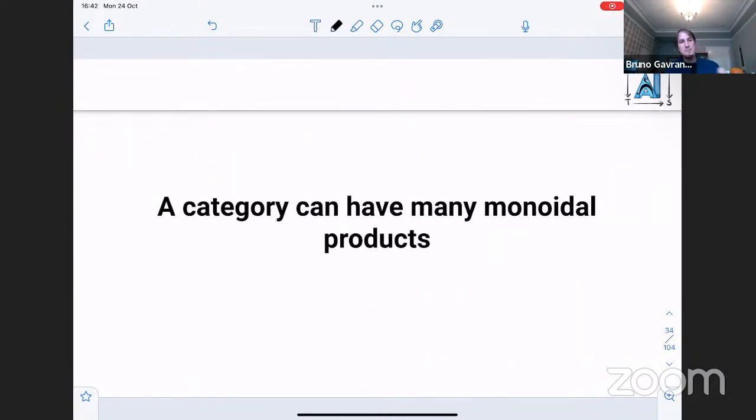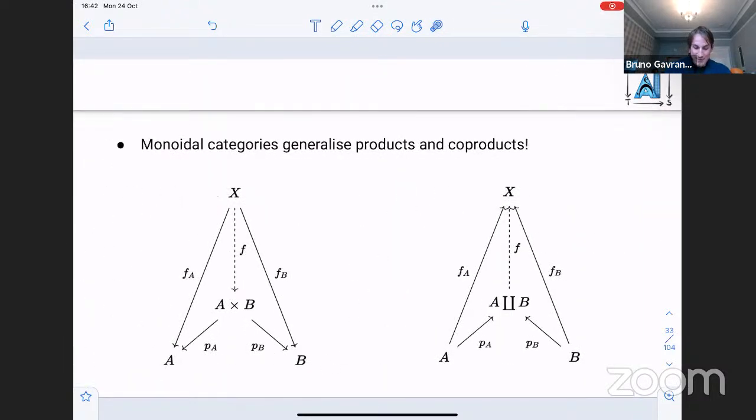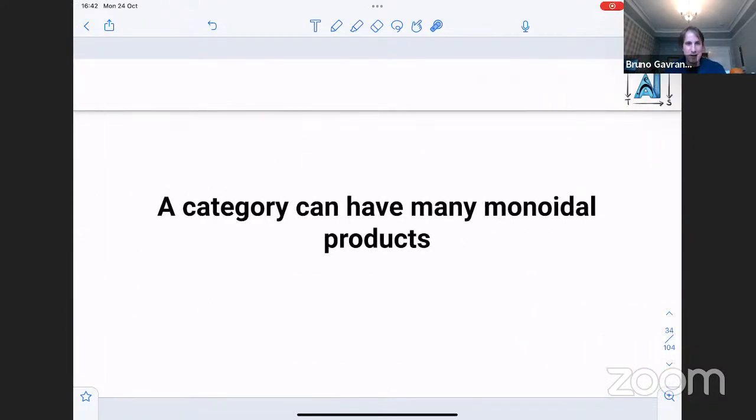As we've so far seen, we have the category Set with its categorical product and co-product, but both of these are monoidal products. Now, the terminology here might sound confusing, but it does get easy once you get the hang of this. And so we've seen that even though products in a category are unique up to isomorphism and co-products are unique, both of these are just special cases of monoidal products.